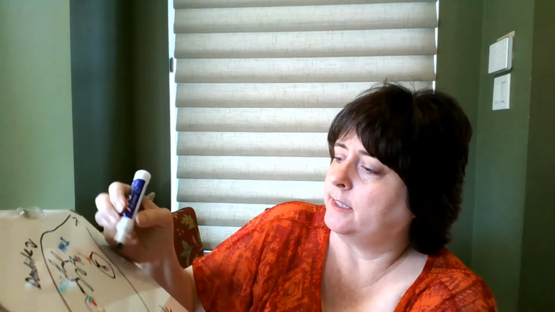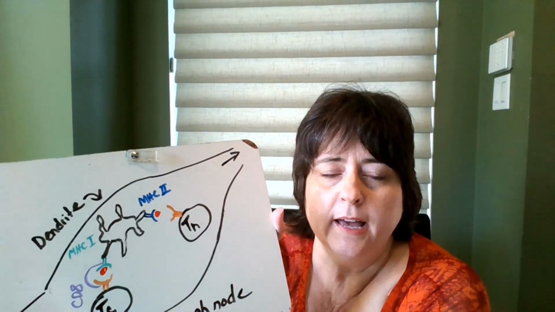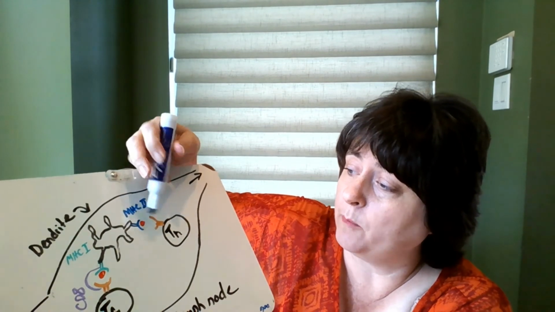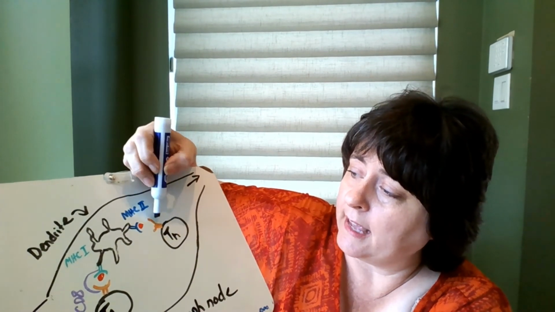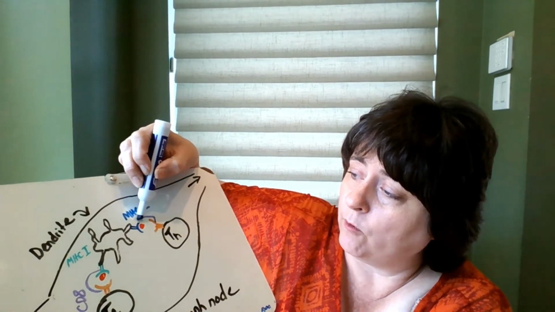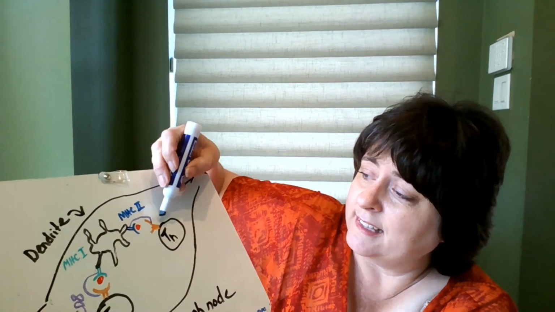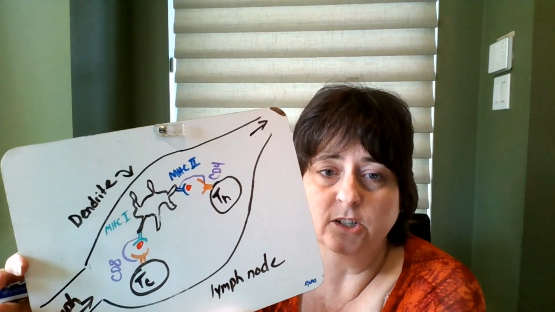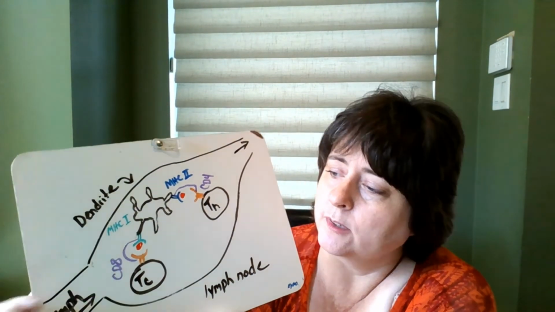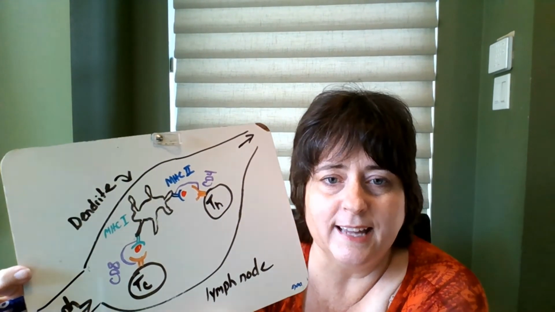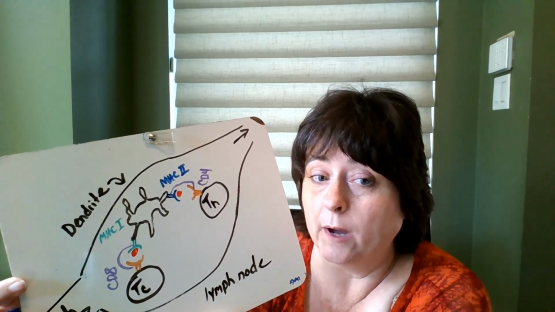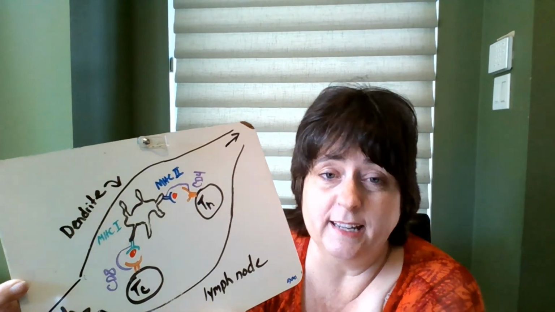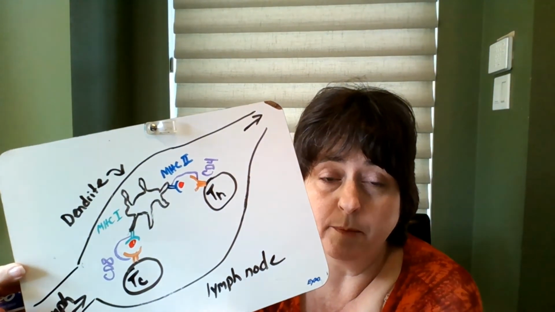Now the T helper cell is also there. He also has found his soulmate antigen. He's also bound here. He has a CD4 protein, and CD4 binds to MHC2. So cytotoxic T cells will only bind to antigens presented on an MHC1. CD4 helper T cells will only bind to antigens presented on an MHC2.